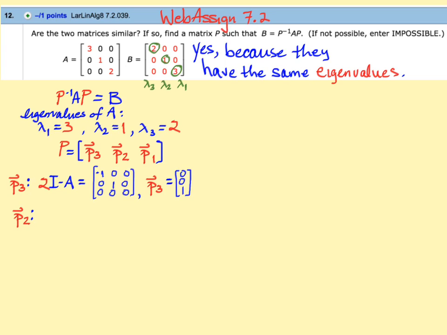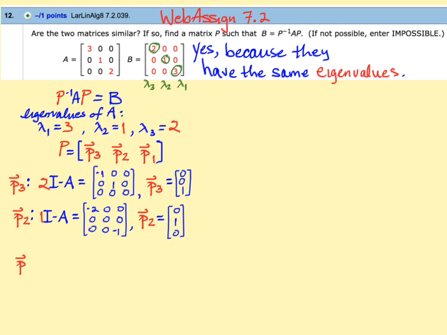Okay, let's do the same thing for P2. P2 is going to be a basis for the null space of lambda 2 times I minus A. Lambda 2 was 1. So 1 times I minus A is this matrix. And we can tell by looking at that it is spanned by the vector P2, which is 0, 1, 0.